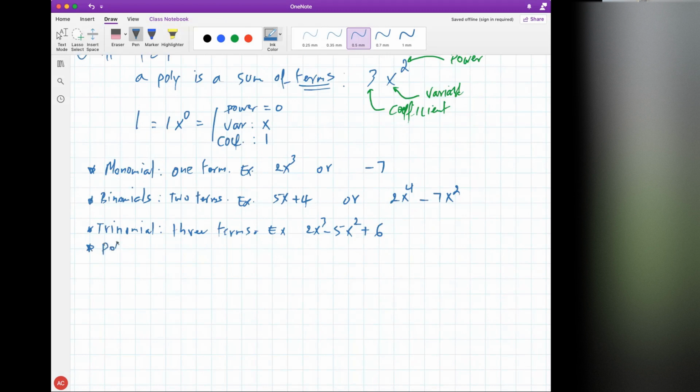So poly basically means many, where the prefix poly stands for many or multiple. So if they have 1, 2, 3 terms, we precisely call them these. But if it's more than 3, for example, 4 or 5, basically we call it a poly. So more than 3.